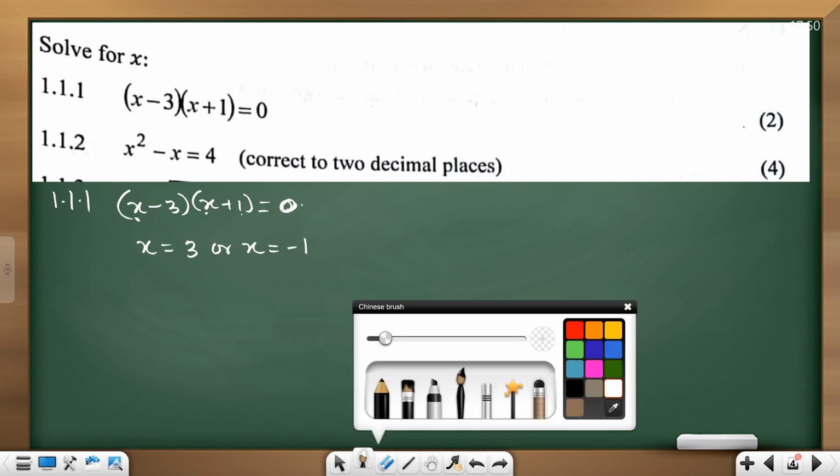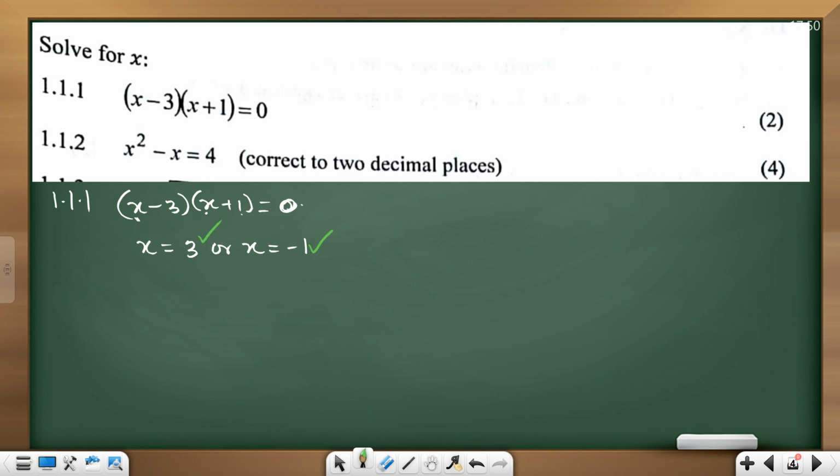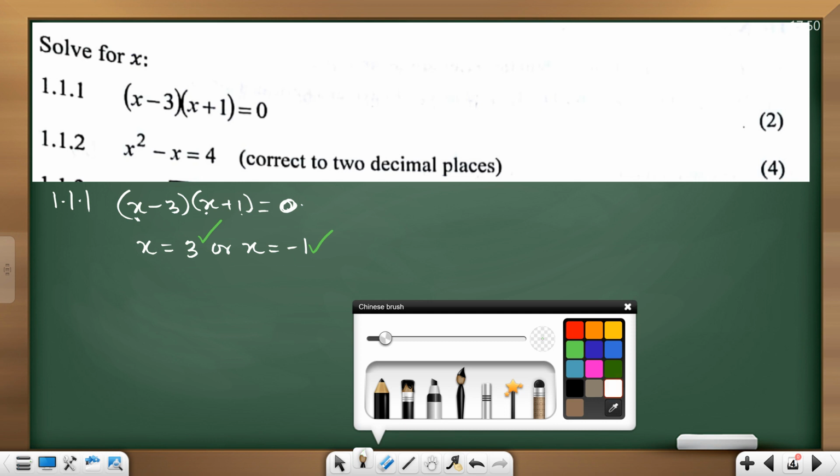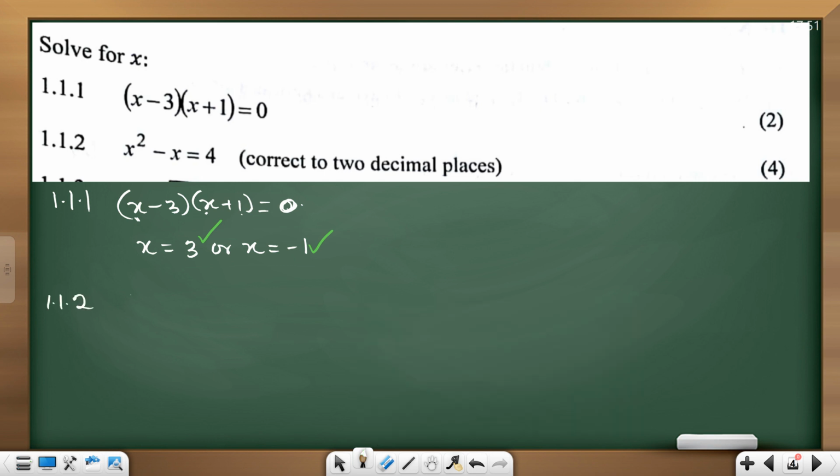Please, I see some learners expanding again to factorize. You only expand when it is not equal to 0. All right. Quickly, 1.1.2. We are going to move away from here now. x squared. All right. What would happen? You need to write it as what? A standard form. 1 mark for that point as well.